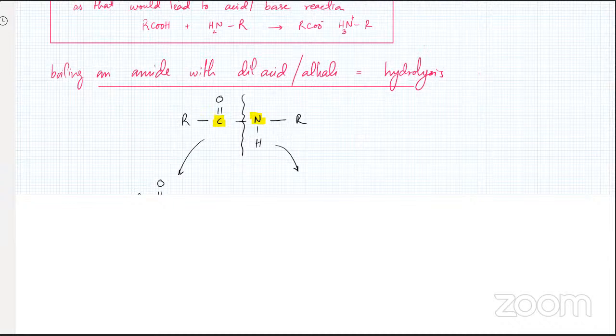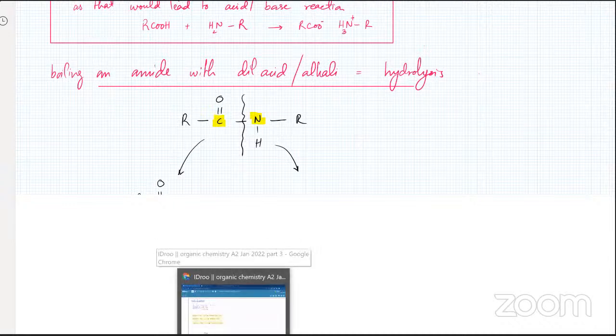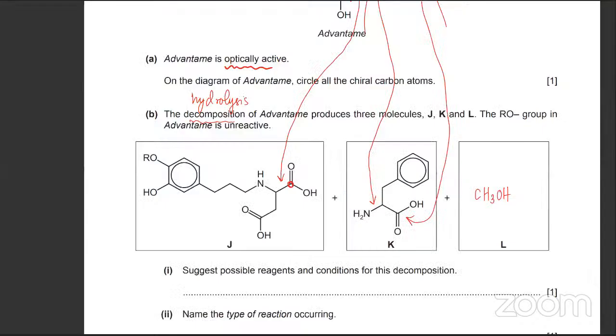That would also break a carboxylic acid back again. So all you have to do is suggest possible reagents and conditions. So it's going to be dilute acid plus heat, or reflux.